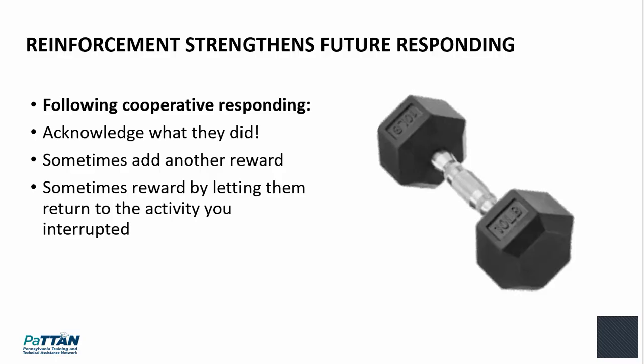So you're going to acknowledge it often. And another way you're going to reward that is sometimes you're going to add in something else that they would enjoy in the moment. And sometimes also let them go back to what they were doing. You're going to reward their cooperation by letting them go right back to what they were doing, not even having to transition to do something else.